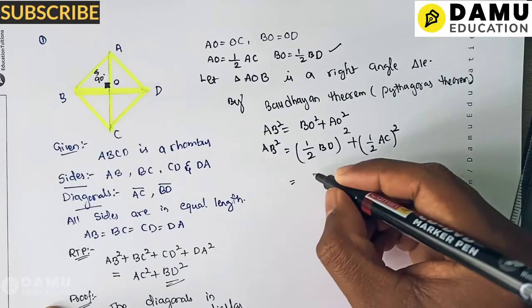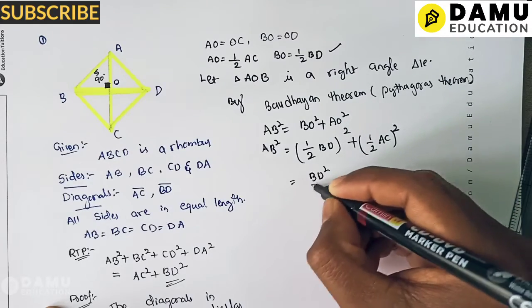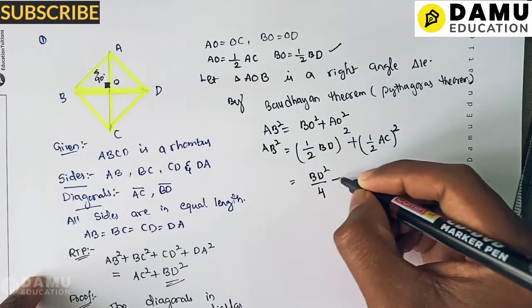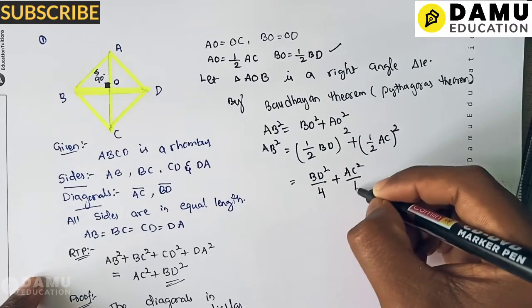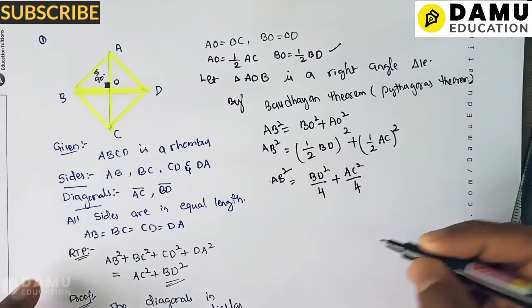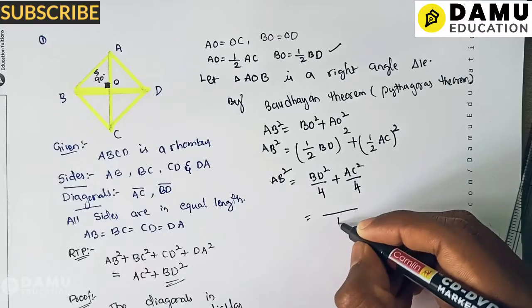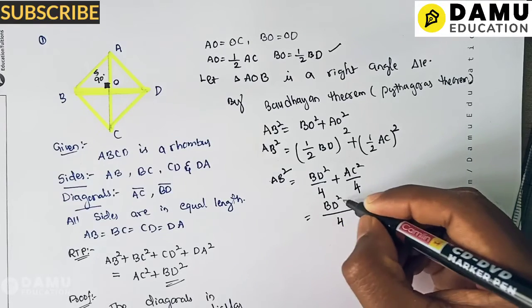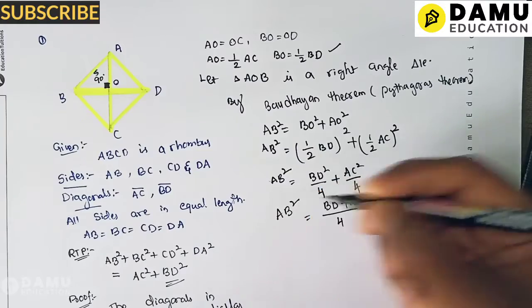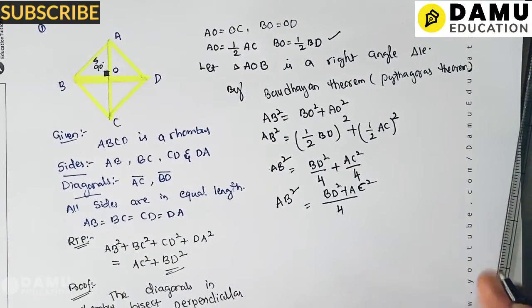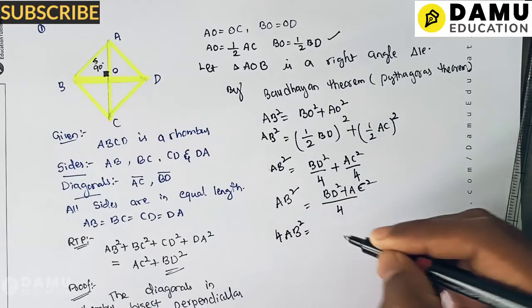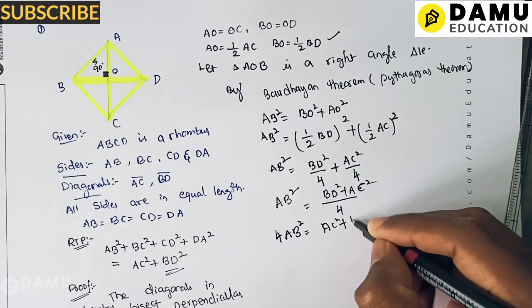So that is BD square by 4 plus AC square by 4, because 2 square is 4. Taking the LCM, 4 AB square will be equal to AC square plus BD square.